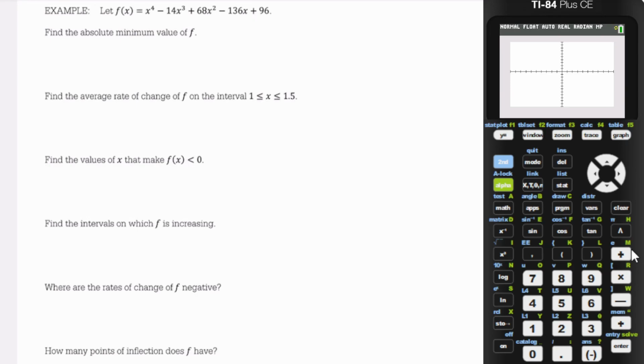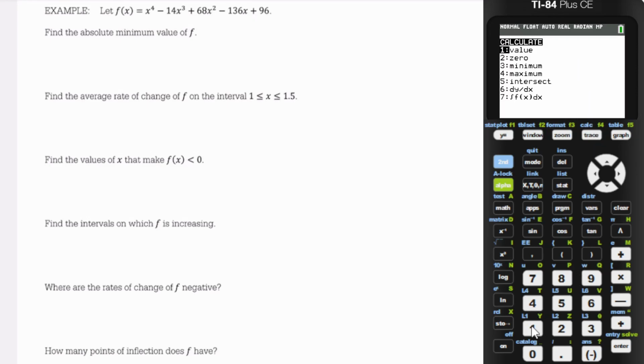All right, find the absolute minimum value of f. We haven't really talked much about absolute extrema, nor will we, I don't think. But an absolute extremum is like the most minimum value of f. See how here we have a local minimum here and another local minimum here. But this second local minimum is pretty clearly down lower. So this is the absolute minimum. If it's a minimum value of f, it's going to be an output value, a y coordinate.